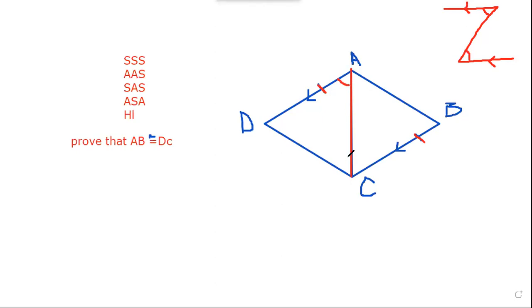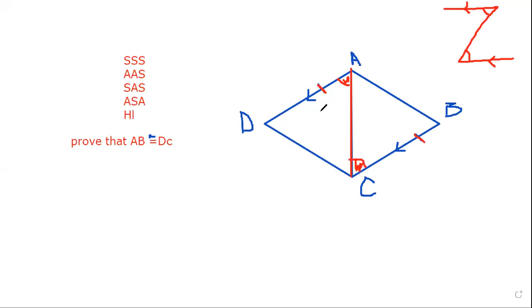Then we will say that the measure of angle DAC is equal to the measure of angle ACB, alternate interior angles.